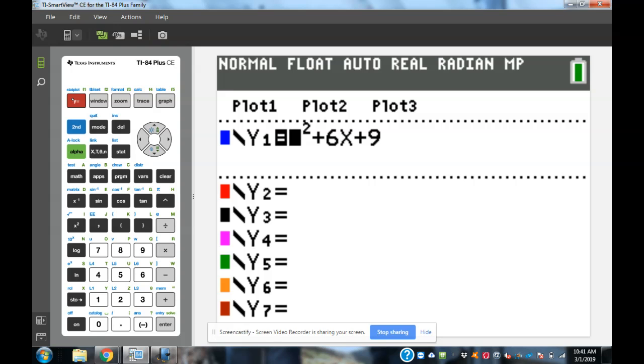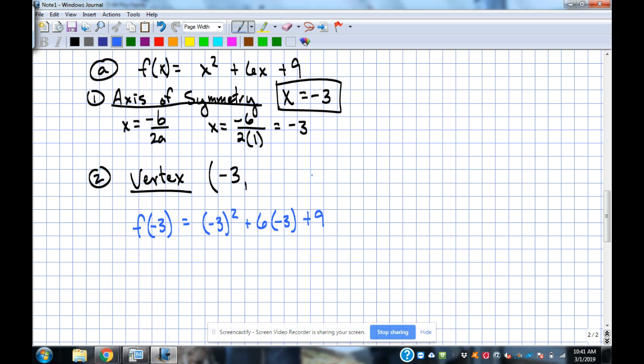Okay. All right. So we have that as the vertex now. We plugged that in and found out that y was 0 when x was -3. So that gets us our vertex. What do we know about that vertex? Is it a maximum or a minimum?